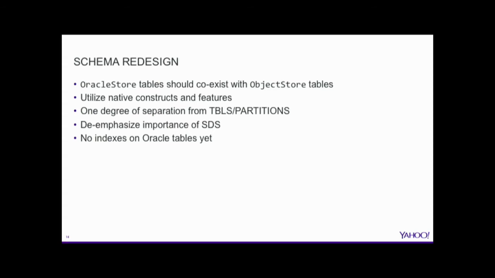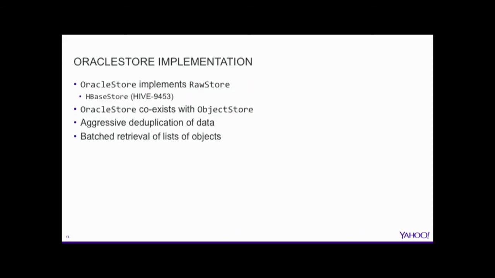The only other thing that I'd like to point out here is that the original schema has a number of indexes that were built on certain tables which were meant to boost performance of certain types of queries. At this point, we've done no optimization of the OracleStore tables. They're just created, they have primary keys, and that's all they are. So keep that in mind when you look at the performance numbers in the following slides.